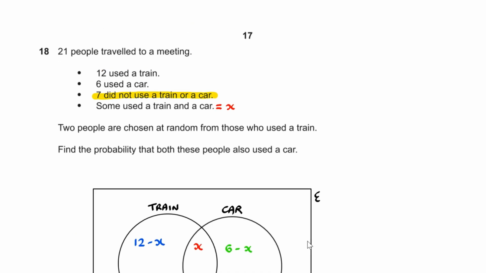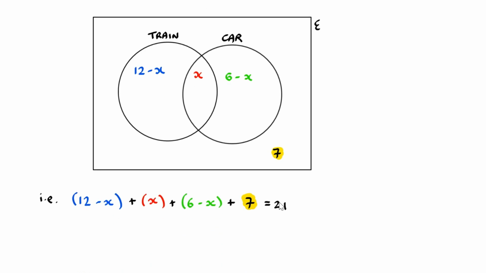The reason for that is we have 21 people who travel to the meeting in total. So now if we tidy all of this up, we've got 12 plus 6, that's 18, plus another 7, that's 25. So we've got 25 minus x, and this is equal to 21. And therefore, if we find out what x is, you can see then x is equal to 4.